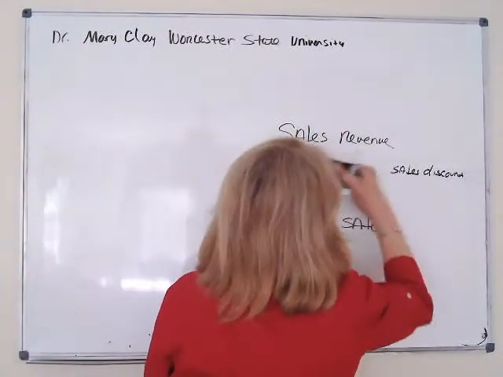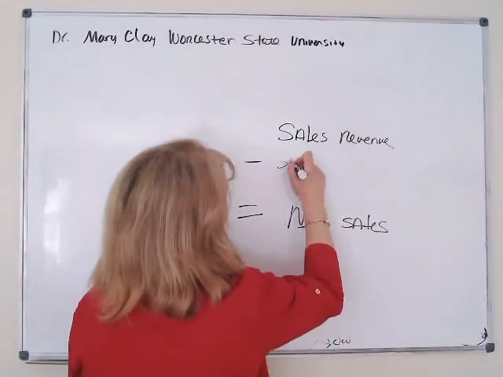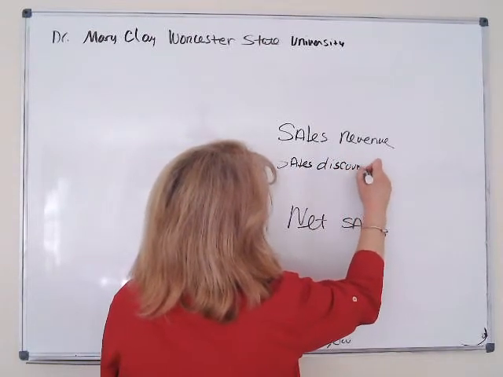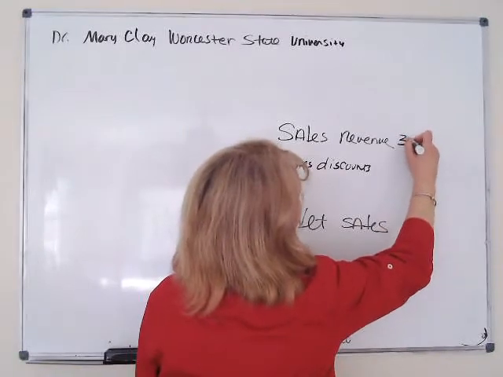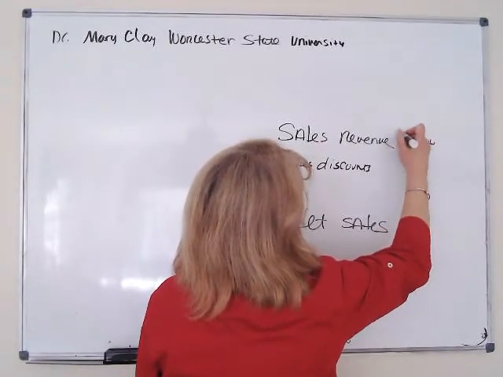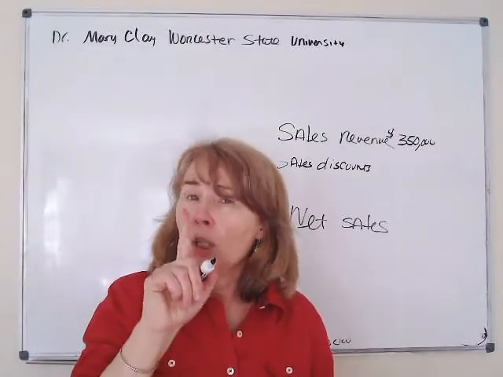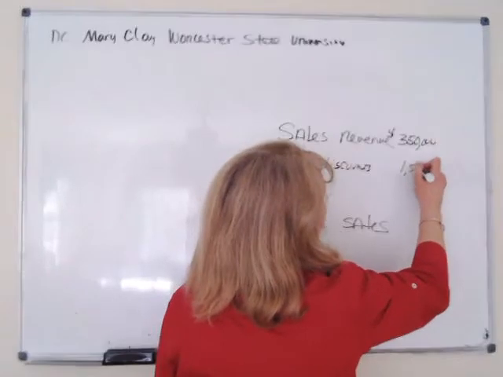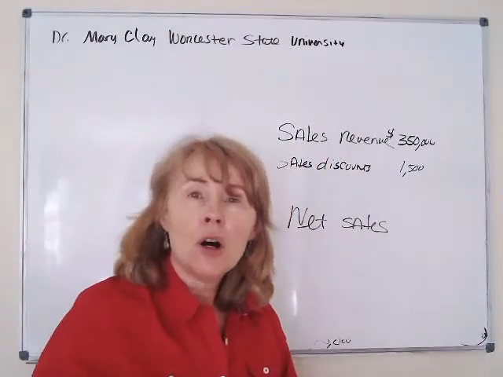Why not? Okay, so my gross sales are $350,000. My sales discount, only one contra revenue, it's $1,500. But everyone, don't forget, show it in parentheses. It's a contra account.